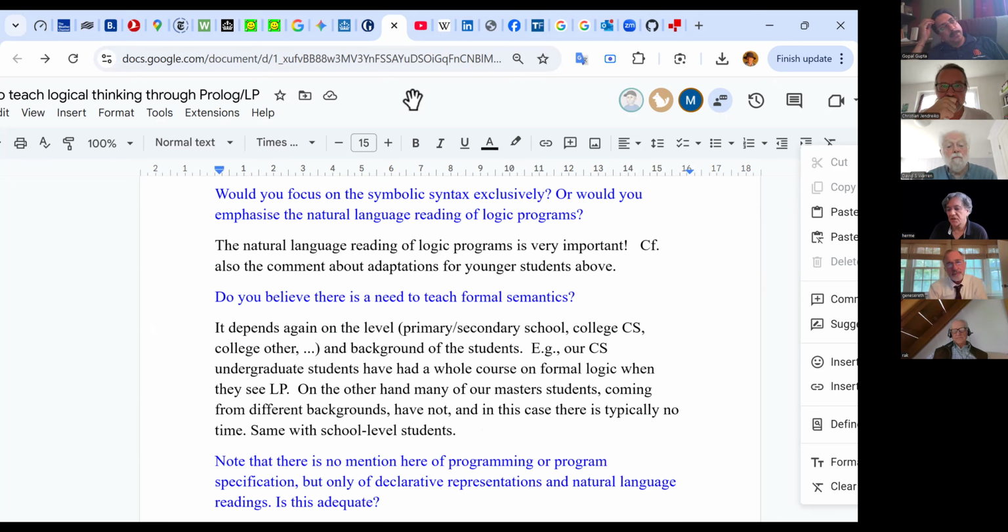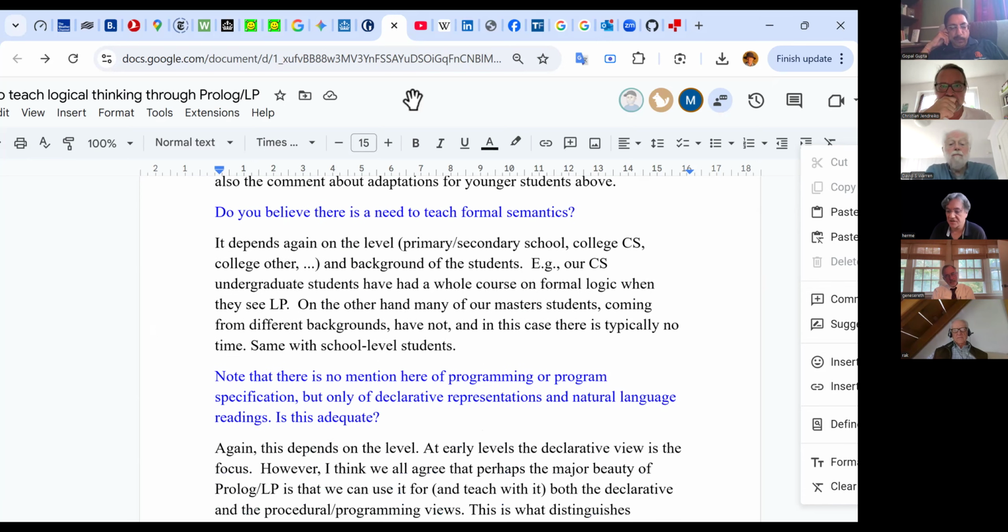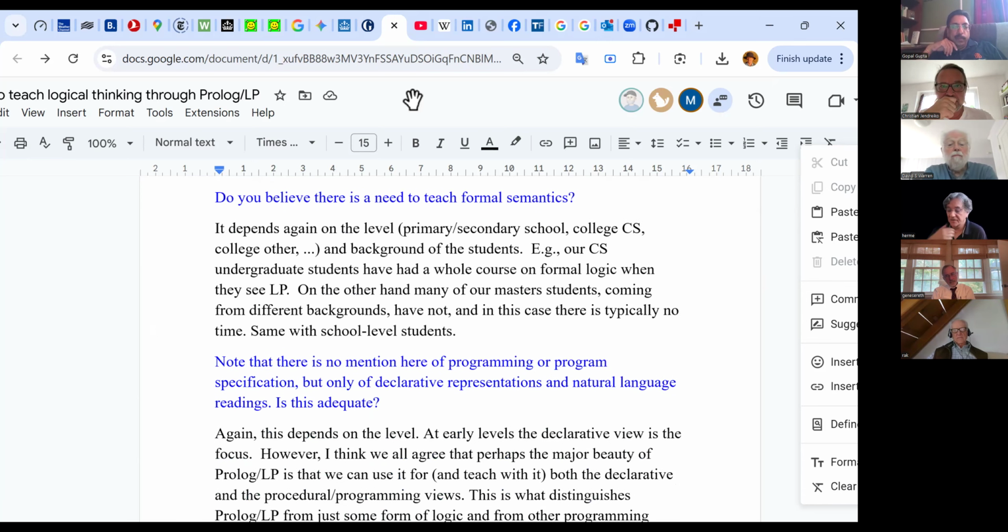Do you believe there's a need to teach formal semantics? Again, I think it depends on the level. It's not the same in primary or secondary school, college CS, college non-CS, and so on. As Michael was saying, our case is the same. Our students, for example, at college level in CS, have a logic course. They've seen proofs. They've seen forward, backwards. They're familiar with all these things.